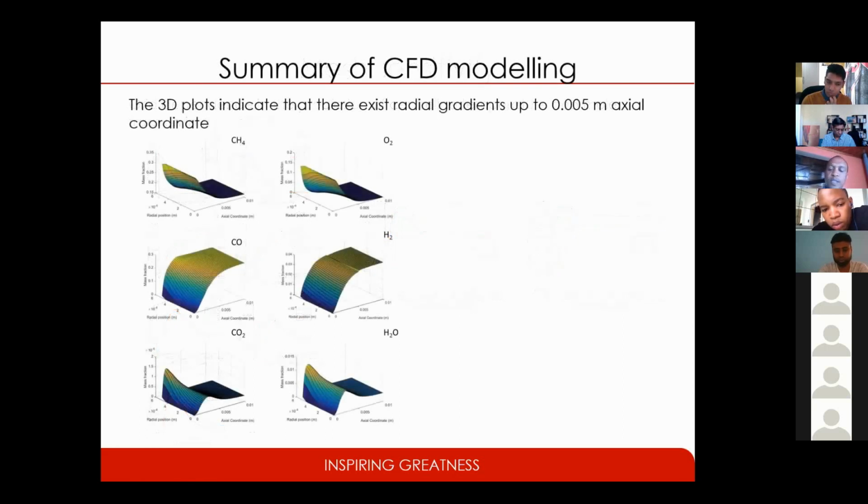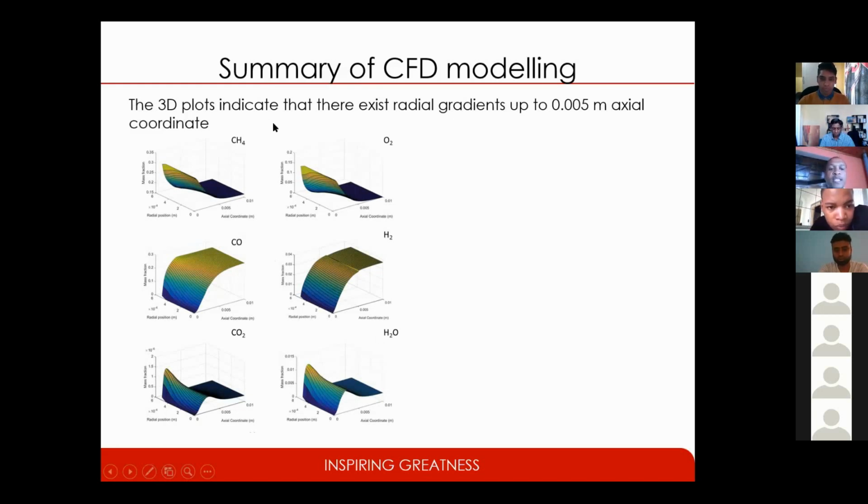Now, just a summary of the CFD modeling. Remember we said here it's partial oxidation. You have methane and oxygen to give us the main products of partial oxidation, carbon monoxide and hydrogen. And these are the two undesirable products I spoke about, carbon dioxide and water, which are the total oxidation products.